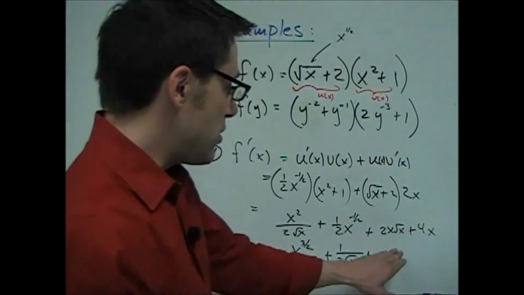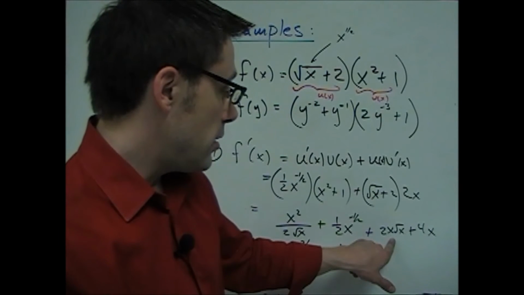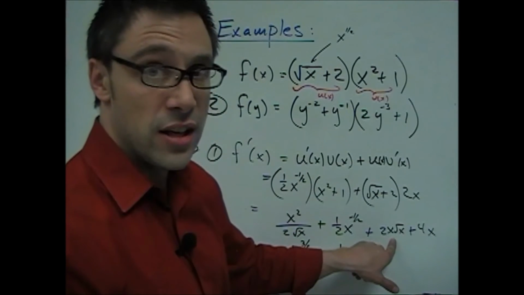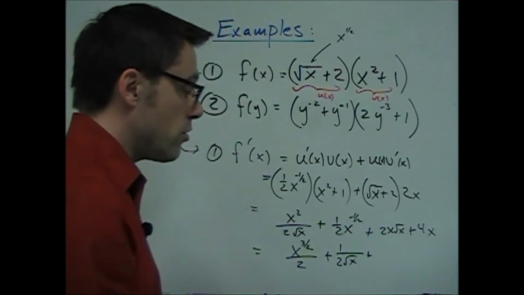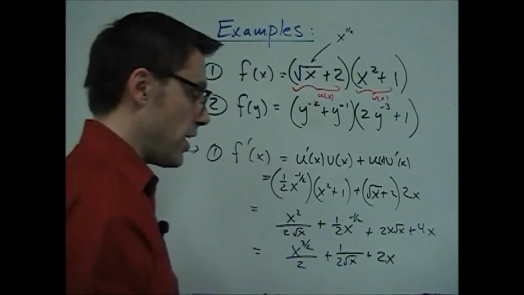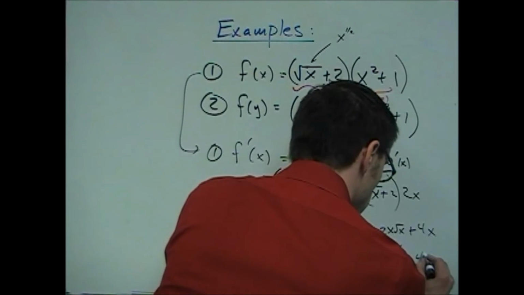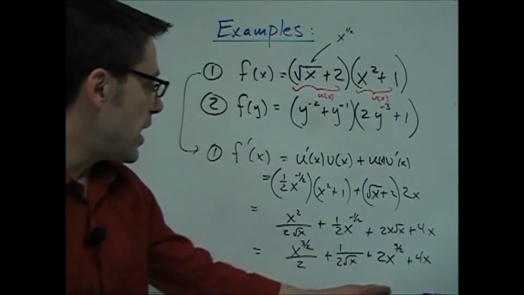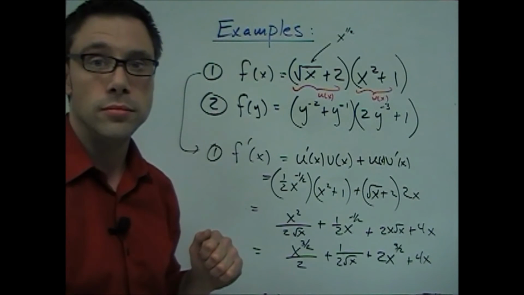Plus, if I want to write this as a single power, this is x to the 1/2 power multiplied by x to the 1. So we add the exponents when we have the same base. So this is going to be 2x to the 1 plus 1/2 is 3/2, plus 4x. Okay, so that would be the simplified version of the derivative here, just using the product rule.